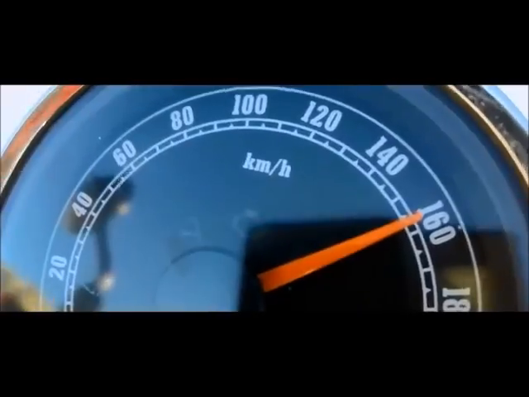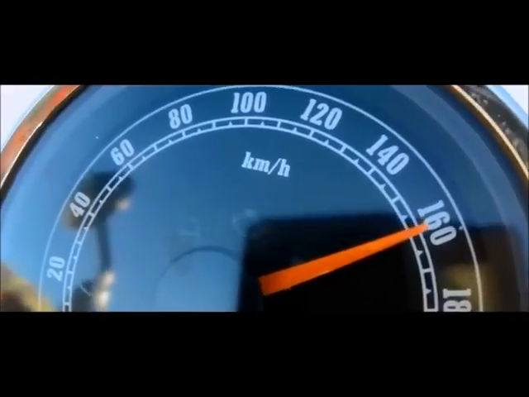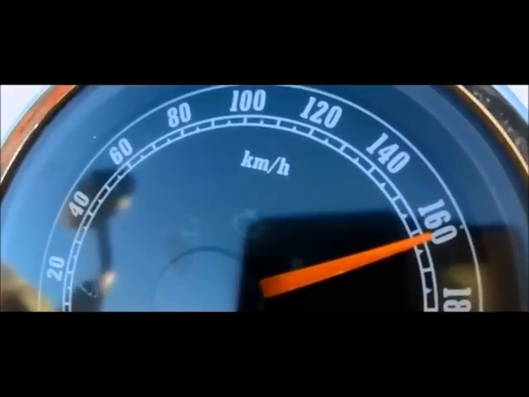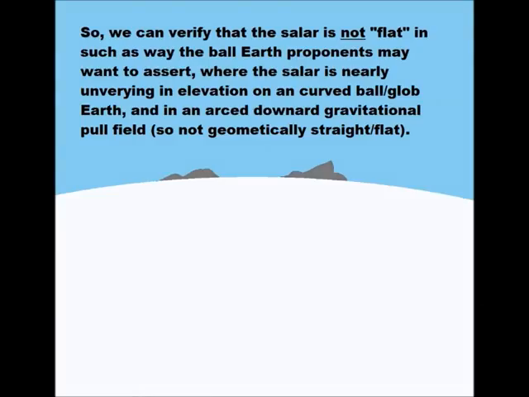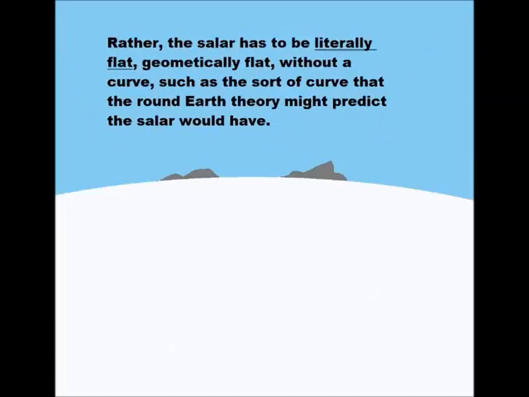And here's a picture of somebody riding. You can ride a motorcycle through the water. The water often forms a thin layer. So we can verify that the salar is geometrically flat, not smooth on a curved surface. This doesn't prove the Earth is flat or something. This is just about the salar.